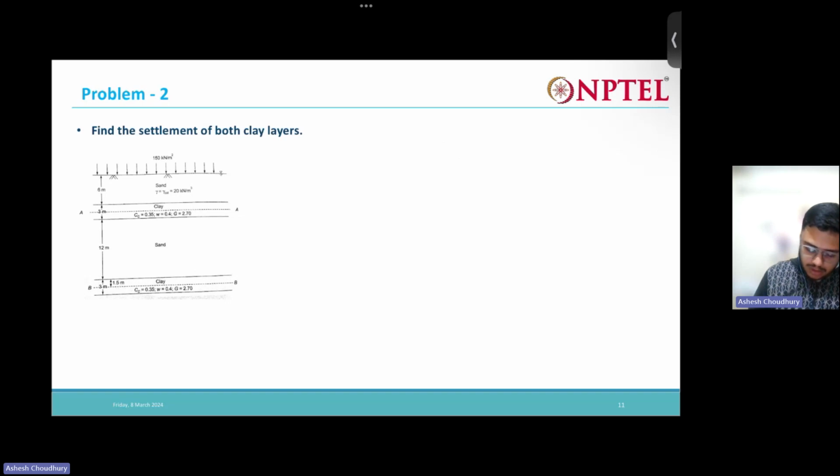So layer B also, this gamma, everything will be the same, because you can see the G is same, W is same, everything is same, right? So the unit weight is going to be the same. So let us first calculate the effective stress.